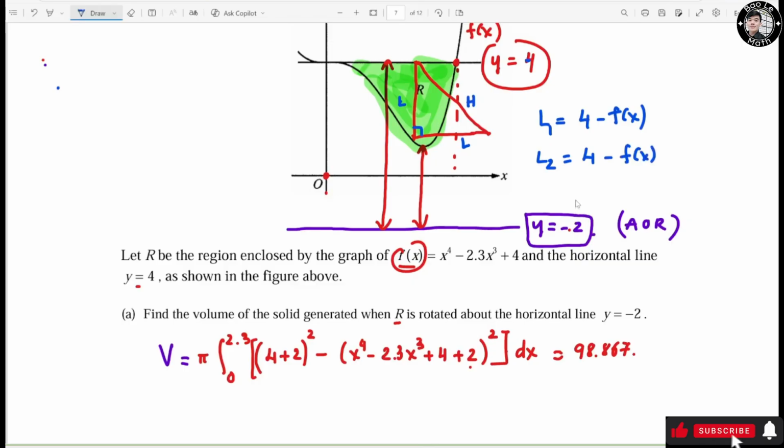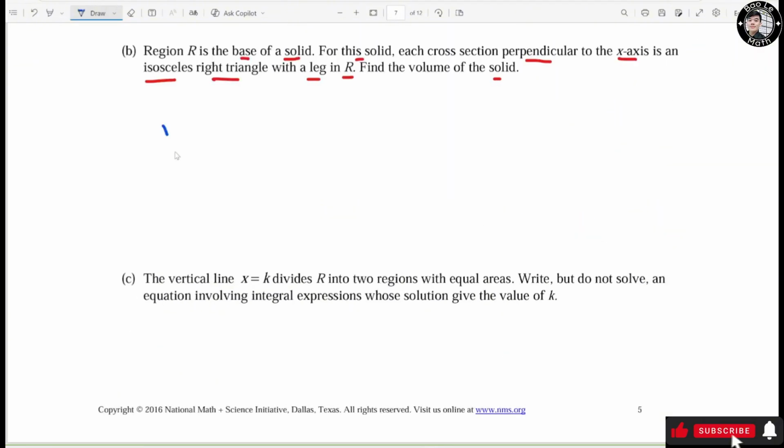So the area should be base times height divided by 2, so it could be 4 minus f of s altogether squared, divided by 2. The volume should be the integral from 0 to 2.3 of 4 minus f of s altogether squared divided by 2 ds.